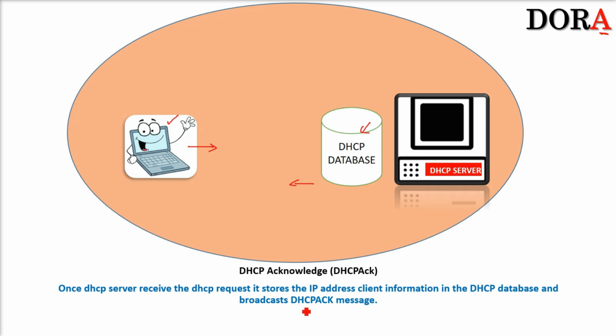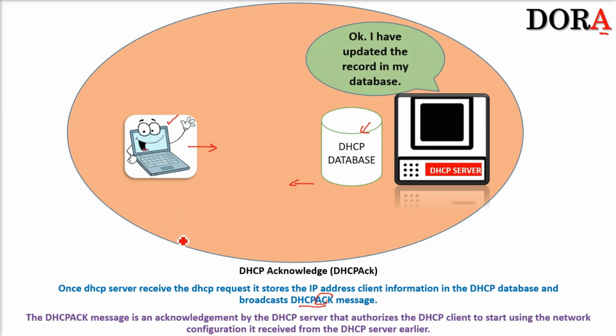Then it will again broadcast this DHCP ACK. ACK means acknowledgement message: I have updated the record in my database. And it says, now I am authorizing you. The DHCP ACK is an acknowledgement by the DHCP server to authorize the DHCP client to start using the network configuration parameters it received from the DHCP server earlier in the offer step.